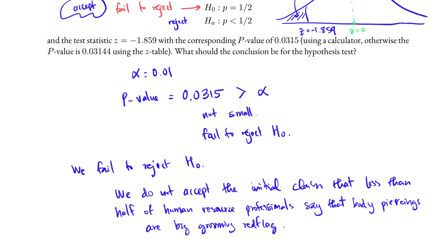In that case, we would reject the null hypothesis. This is why we have to pay attention to the significance level as well. In this particular test, we failed to reject the null hypothesis, but if we were given a different significance level such as 0.05, we would reject the null hypothesis, given the computed p-value that we obtained from the sample.